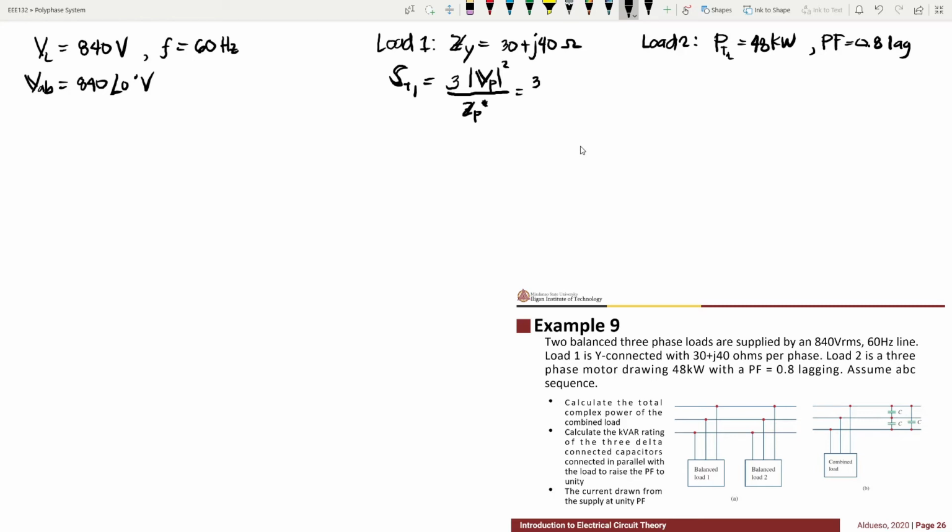We have 3 times 840 over square root of 3, squared, over 30 plus j40 conjugate. So we have 8.467 plus j11.29 kVA.